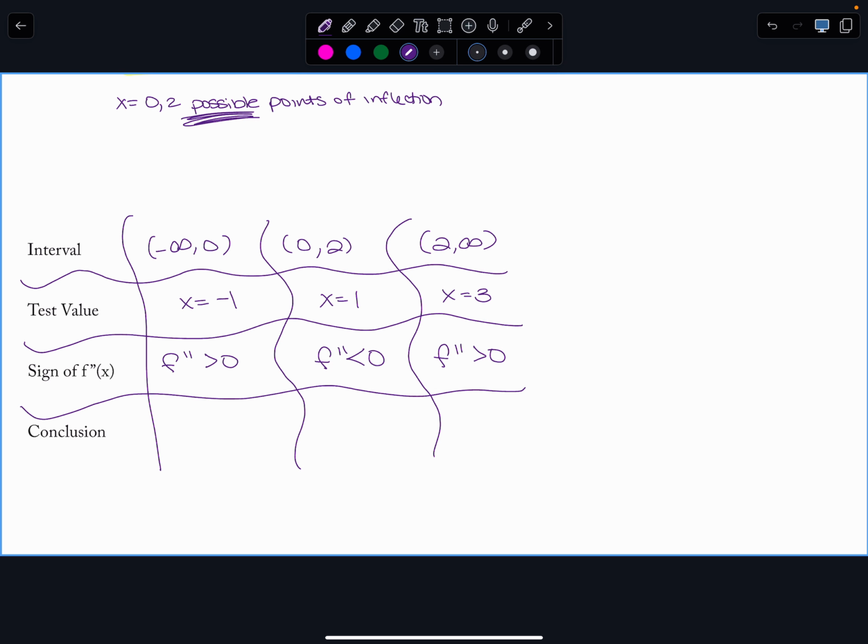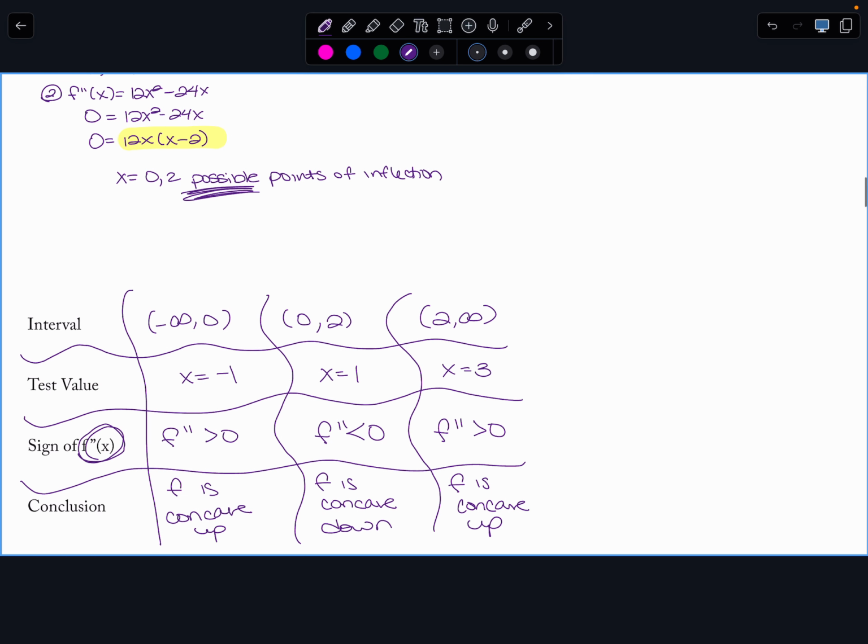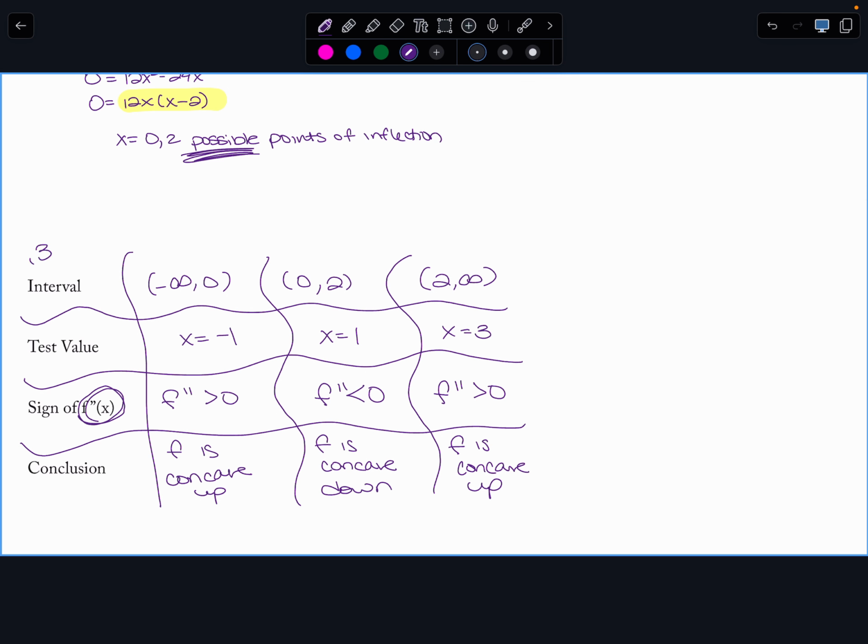So my chart was around the second derivative. It has changed from the previous lesson. It's now the second derivative. So now f is concave up, then f is concave down, then f is concave up. So step 3 was my chart.